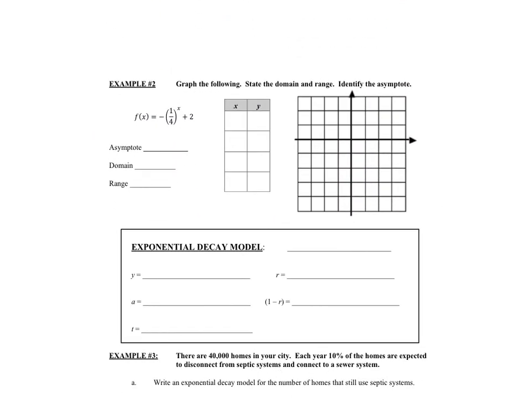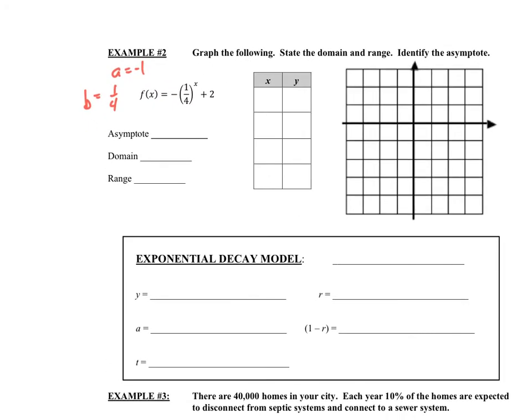So if we slide down to example 2, now in this one, a is -1, b equals 1/4. So we talked about this earlier, but if a is less than 0, so a is negative, it's not growth and it's not decay. h is 0, and in this one, k is 2.